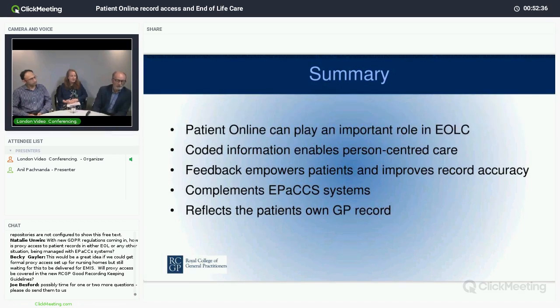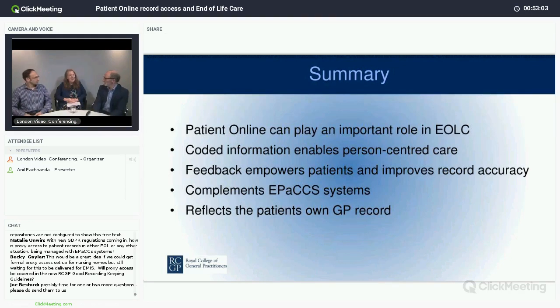Activating additional information within the SCR allows free text associated with read codes to be displayed. Many data repositories are not configured to show this free text. This isn't really a question, is it? So much as, what is the role of summary care record in end-of-life care, and does it complement or replace any of these systems?